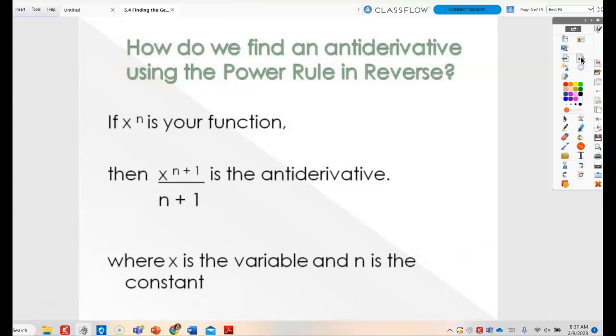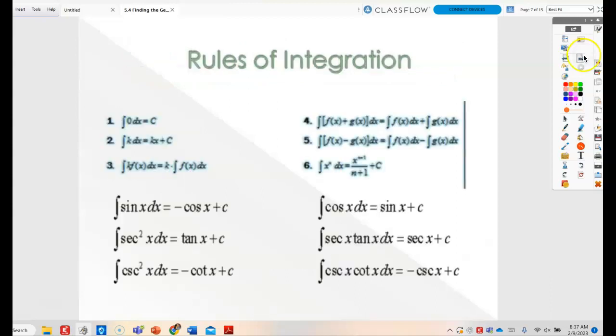And then what I did is give you all of our basic rules. So the integral of 0 is c. The integral of a constant k is kx plus c. The integral of k times some function is k times the antiderivative of the function.